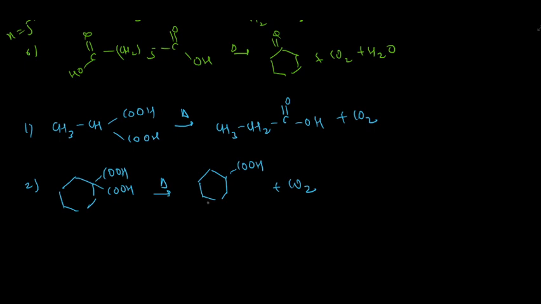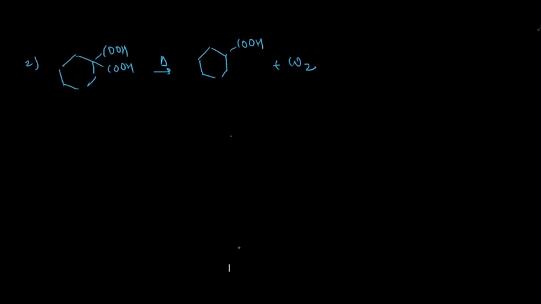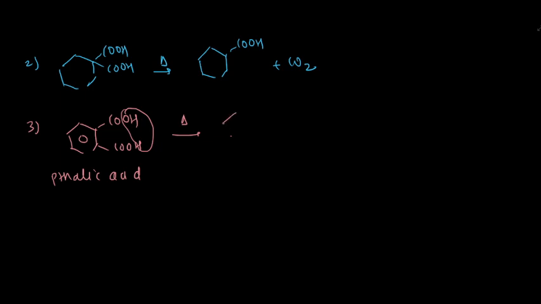Now let's do some more problems. Third, we have phthalic acid. Here n equals 3. Phthalic acid, n equals 3 means H2O will release. Dehydration will take place, so it will form phthalic anhydride.